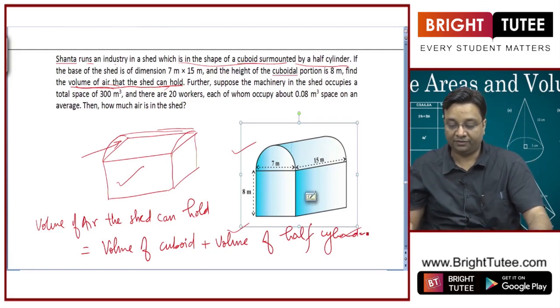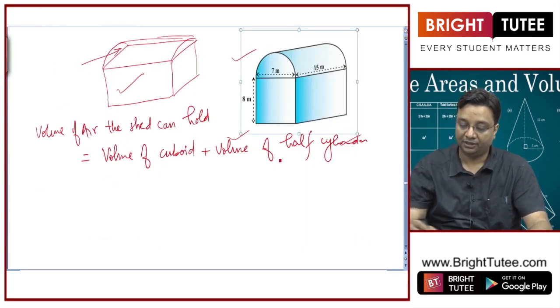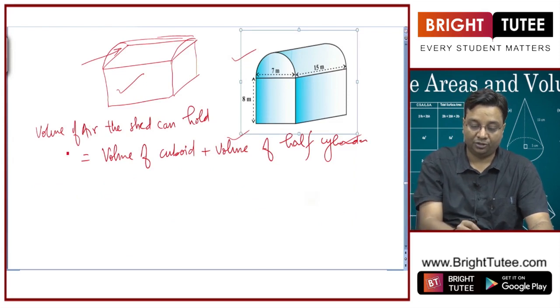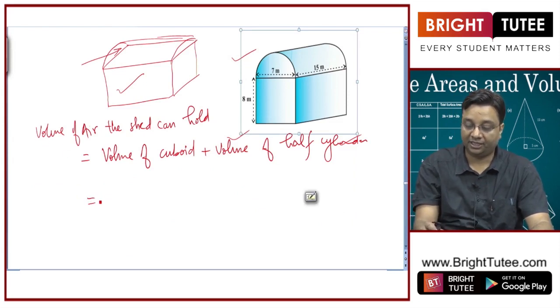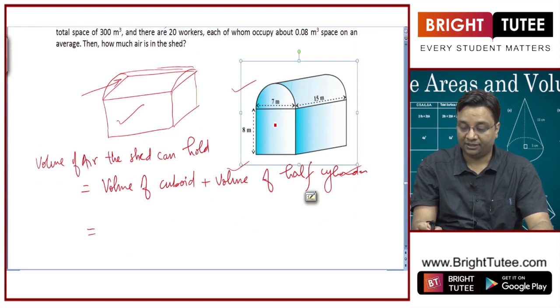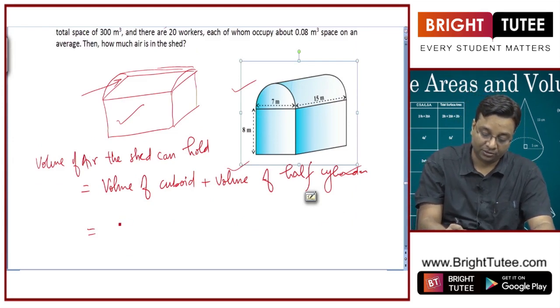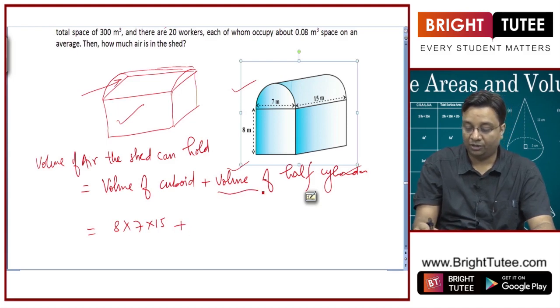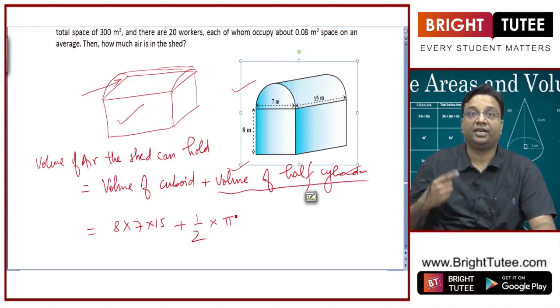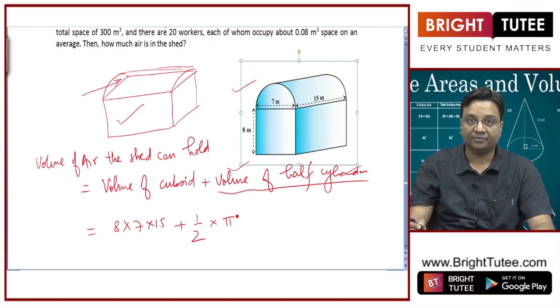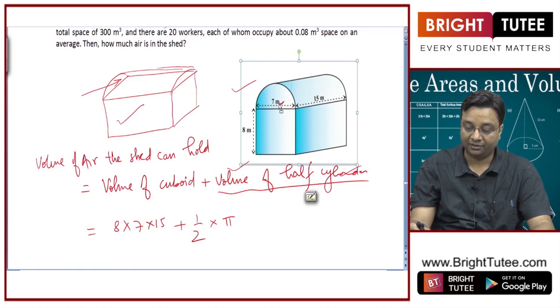Now we are already given the dimensions. For the cuboid, the dimensions are 8 meter, 7 meter and 15 meter. So the volume of cuboid is 8 into 7 into 15, plus the volume of half cylinder. So it will be half of pi r square h. What is the radius? Radius will be half of 7.